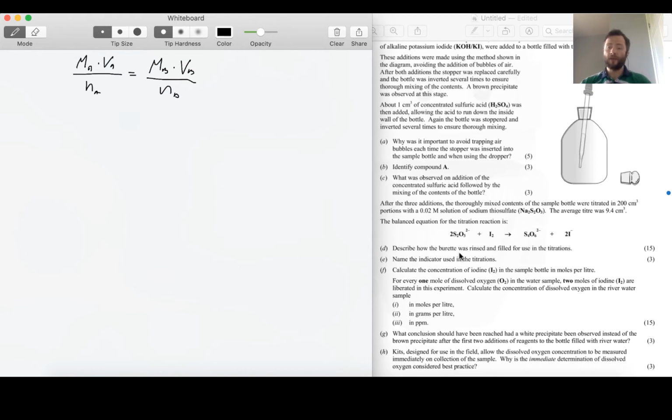I'm going to treat sodium thiosulfate as the acid in here, so molarity of the acid is equal to 0.02. Volume of acid is given, it's 9.4 cubic centimeters. And then the last thing is that I need to know the number of moles of acid taking part in the reaction, and the balanced equation tells me that there are 2 moles of acid.